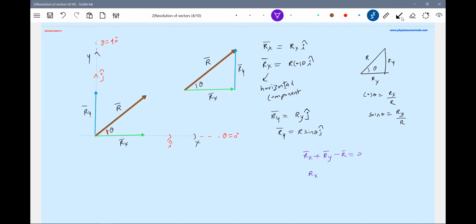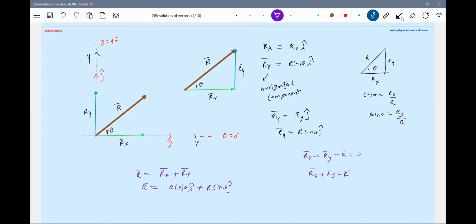So finally I ended up like this. We can rewrite R bar equal to Rx bar plus Ry bar. Further, what is Rx equal to? R cos theta i cap. What is Ry? R sin theta j cap.